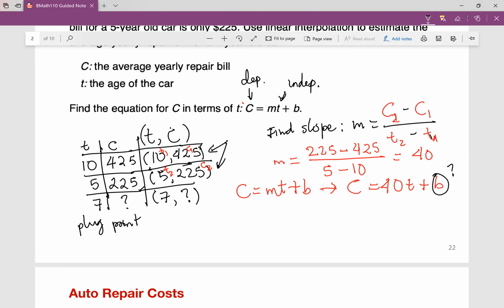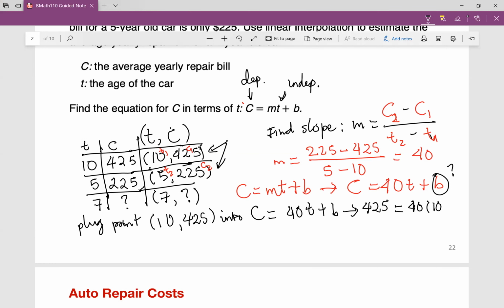I'm gonna choose the first point, (10, 425), into C equals 40T plus B. We have C now is 425, equal to 40 times T, which now becomes 10, plus B. Okay, so I'm gonna try to simplify and isolate B to know what B is gonna be.